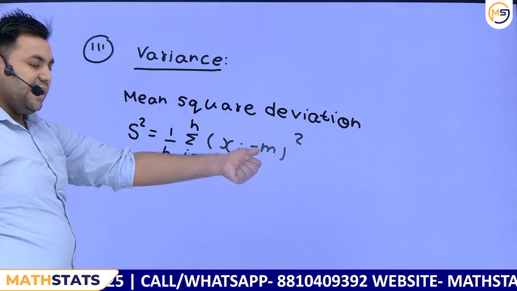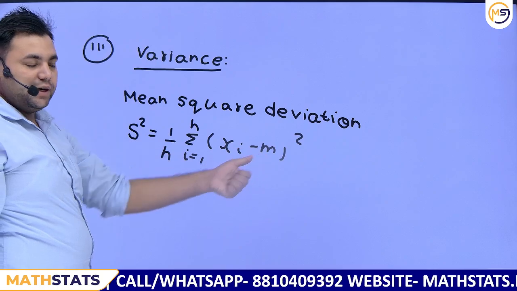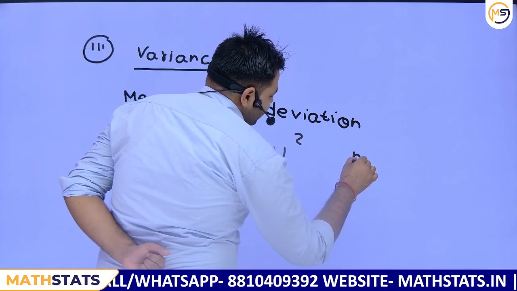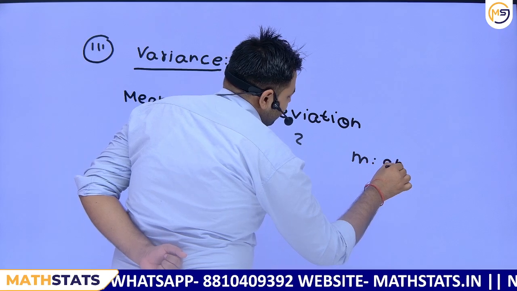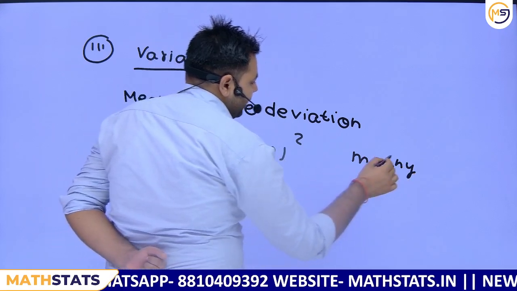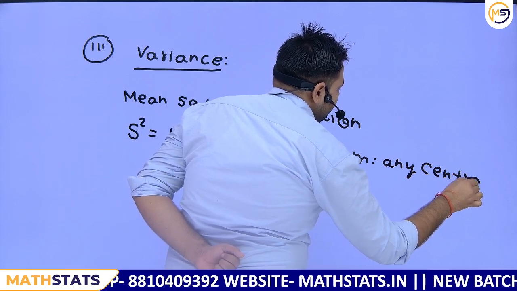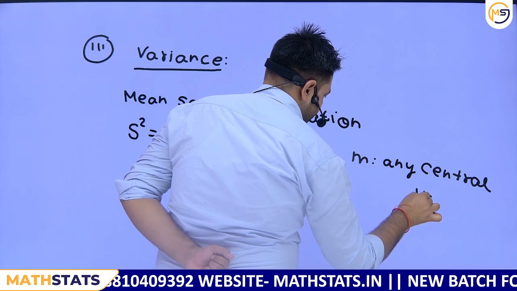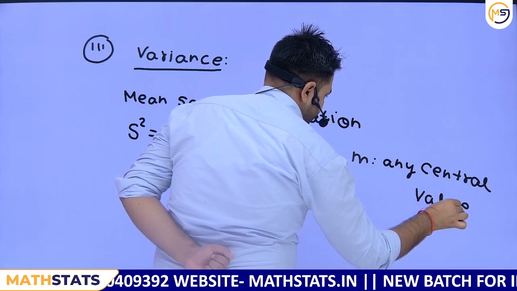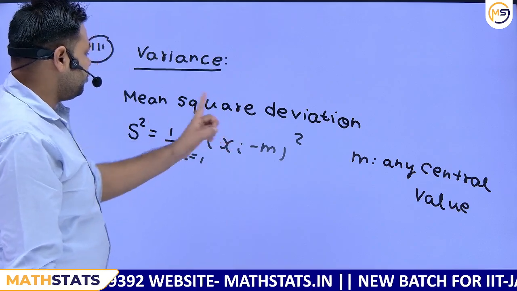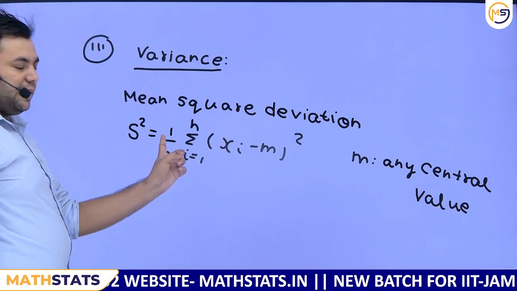This m is any point, any central value. So this is mean square deviation, and it is denoted by s square.